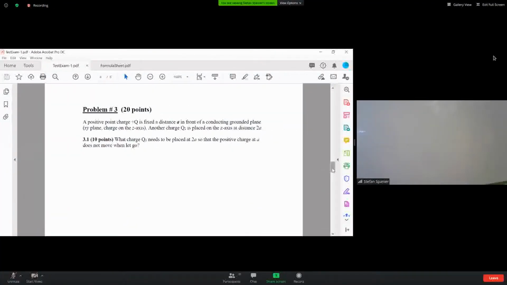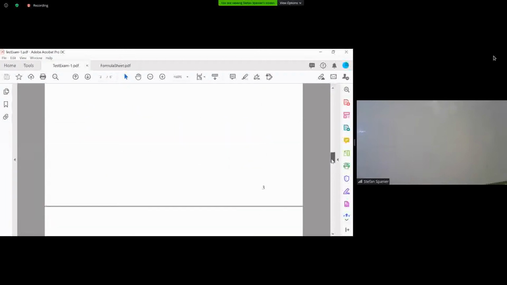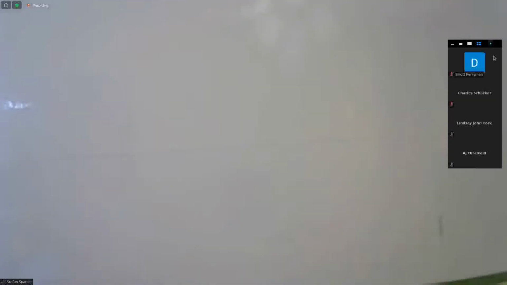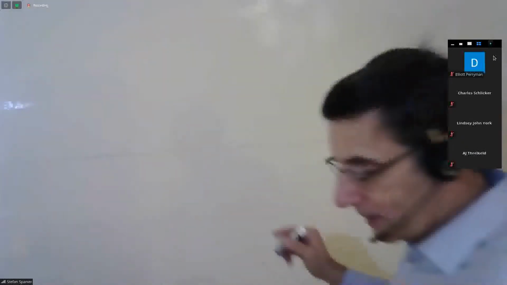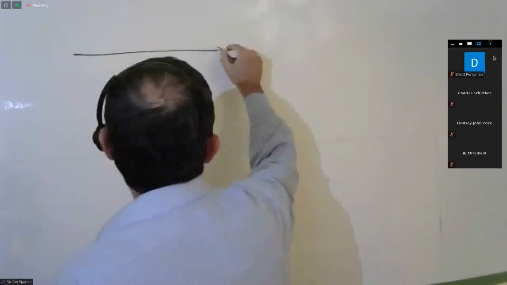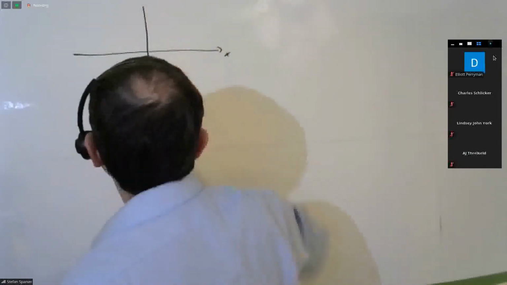Now this implies we need to turn this into a static problem. The forces have to add up to 0 at this point. Okay, here we go. Again, we better draw this first. Everything happens along one dimension, x. Somewhere there is a conducting plane.